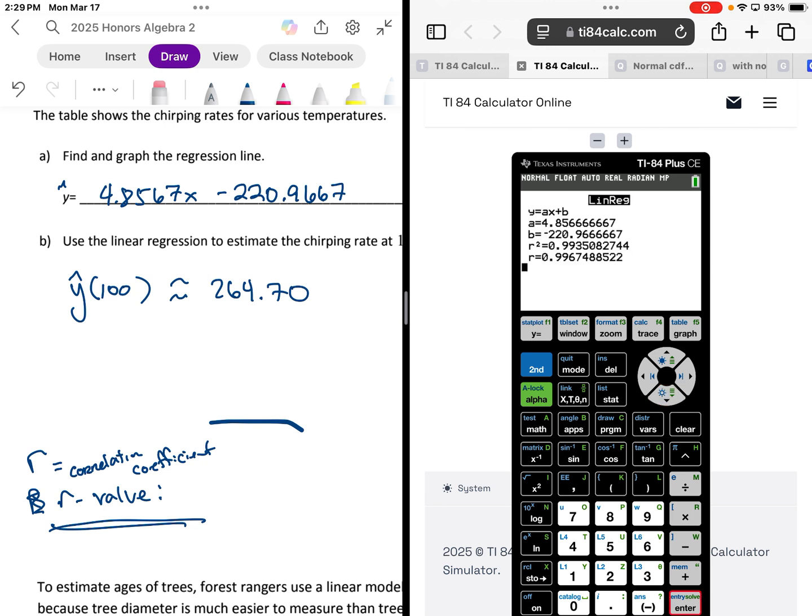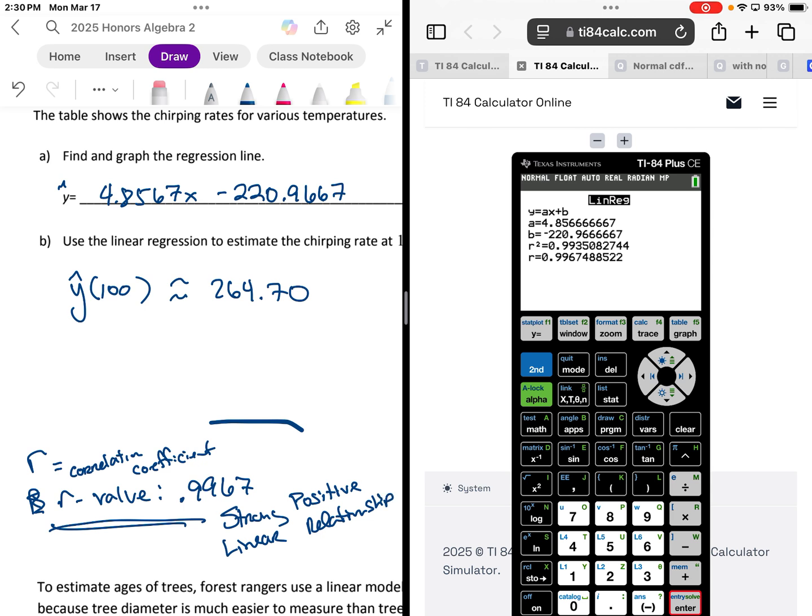I'm going to grab that R value. The R value is 0.9967. So earlier in the semester, we would classify that as being a strong, positive, linear relationship.